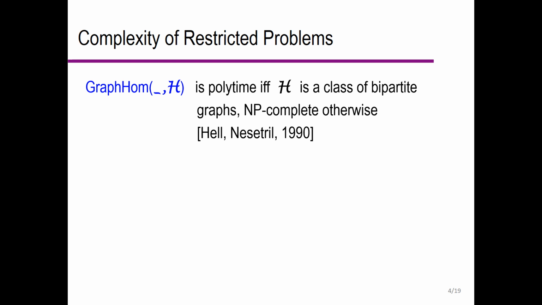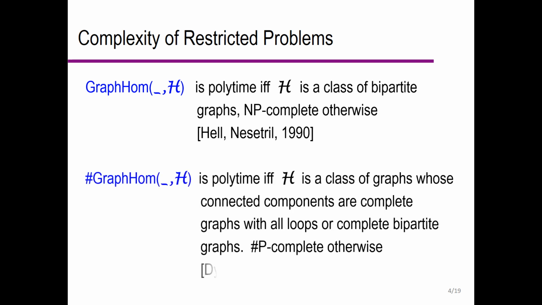So graph hom of H is solvable in polytime if and only if H is a class of bipartite graphs, and it's NP-complete otherwise. For the counting version, Martin Dyer and Catherine Greenhill proved that the corresponding problem is polynomial time if and only if H is a class of graphs whose connected components are complete graphs with all loops present, or complete bipartite graphs, and it's number P complete otherwise.